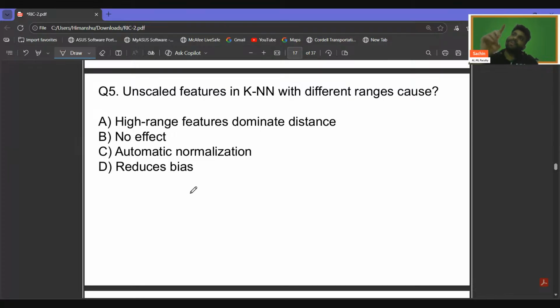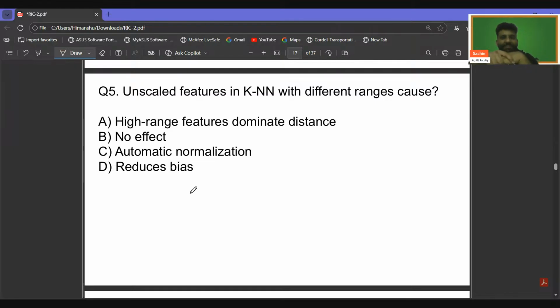And the moment we talk about distances, the distance would be dominated by those features which have a higher scale, higher range. That means those data points which have higher feature values would always be very far from each other, basically dominating my distance part.